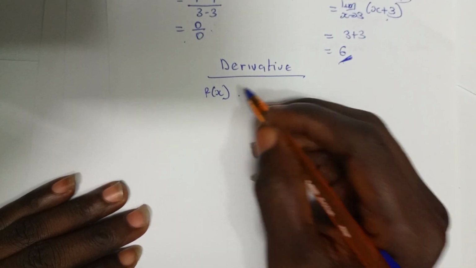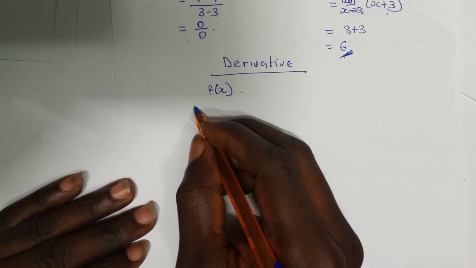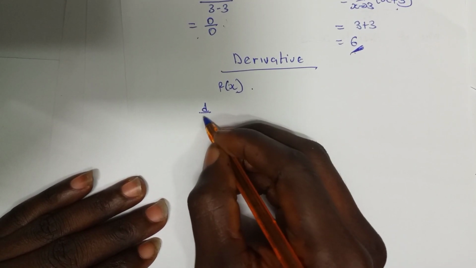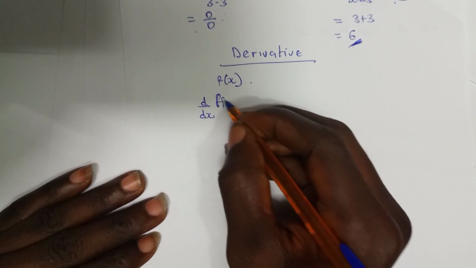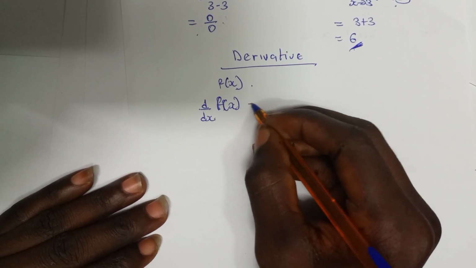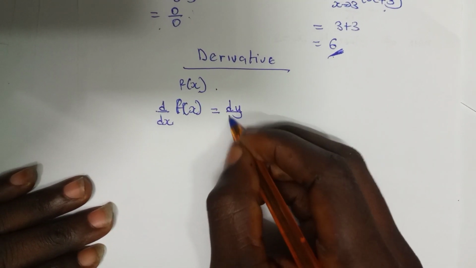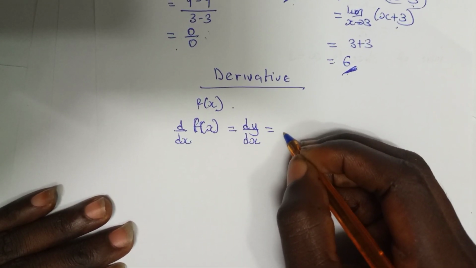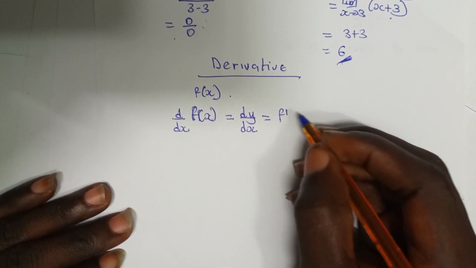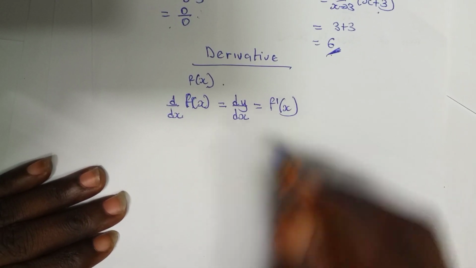Then the derivative of f of x can be written as d over dx of f of x, which is equal to dy over dx, and it is also written as f prime of x.